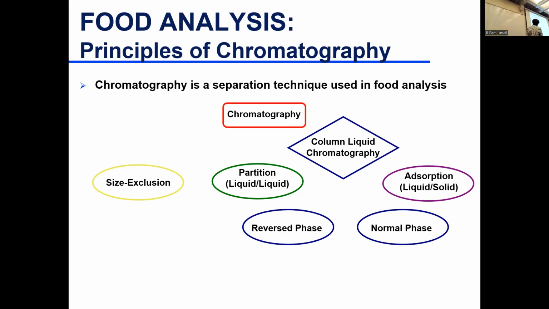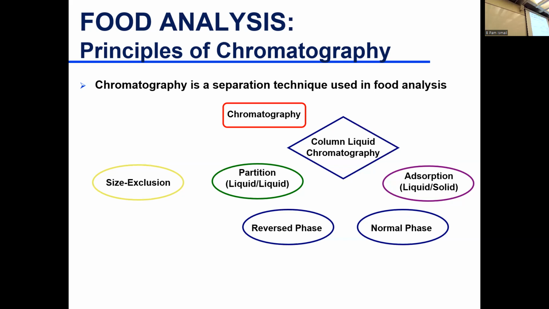Under column liquid chromatography, both in the partition and in the absorption phase, I would say, you have reverse phase and you have normal phase. So in normal phase, I will talk about it more in detail, but just quickly, remember that the stationary phase will be polar, and the mobile phase is non-polar.